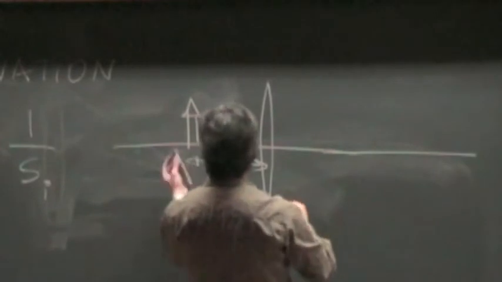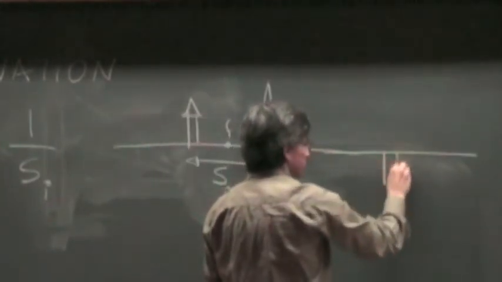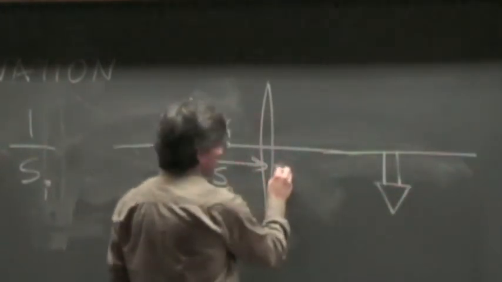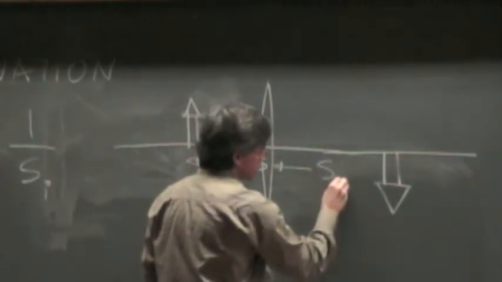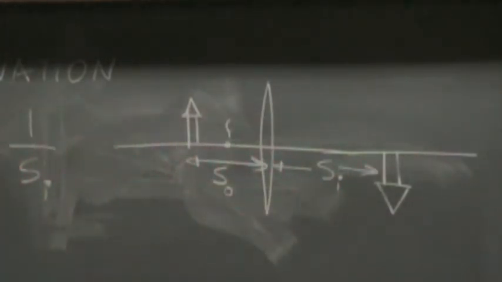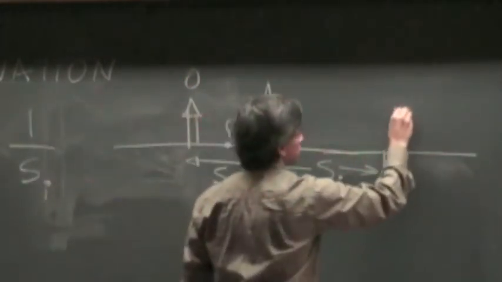If this is a converging lens and the focal point is, say, over here, then we know that the image is going to be somewhere on this side and it's going to be inverted. And that image is going to be at a distance from the lens that I'm going to call SI, distance of the image. That's the object, that's the image.